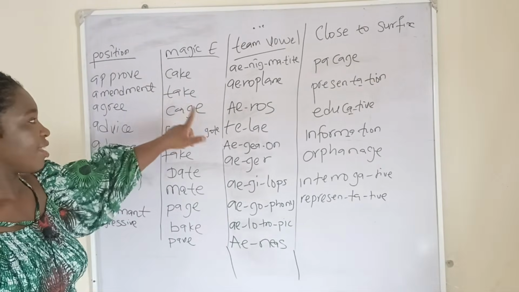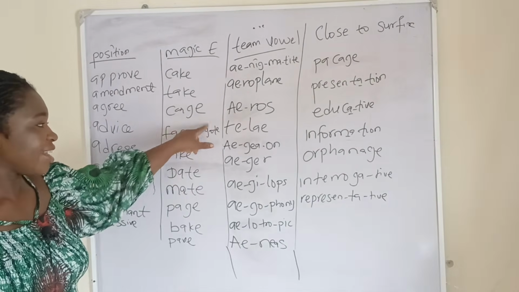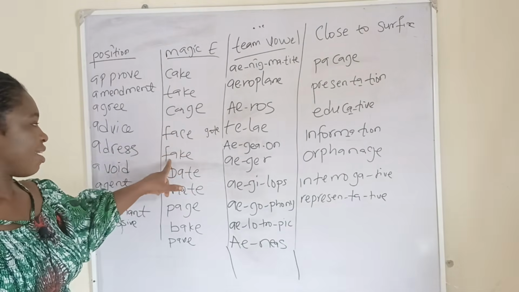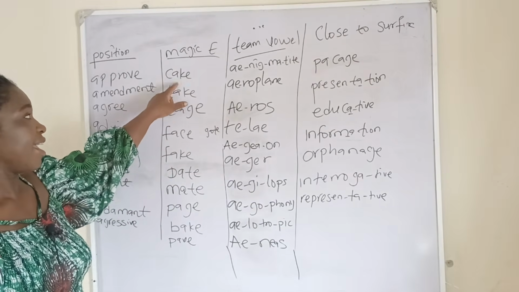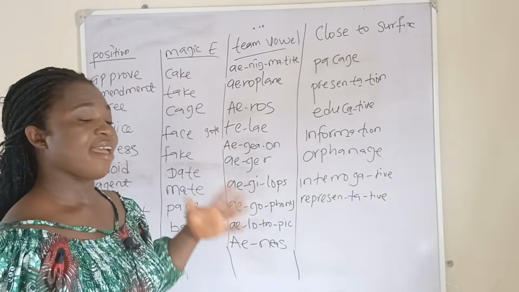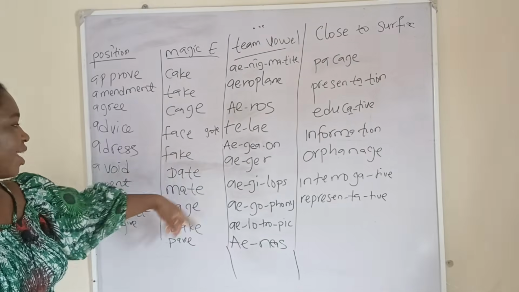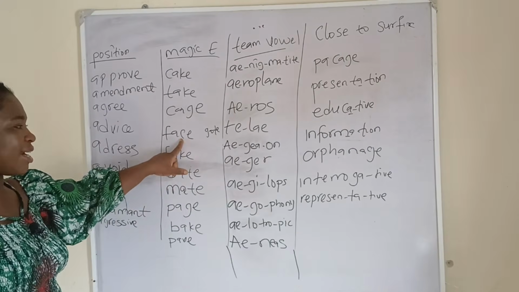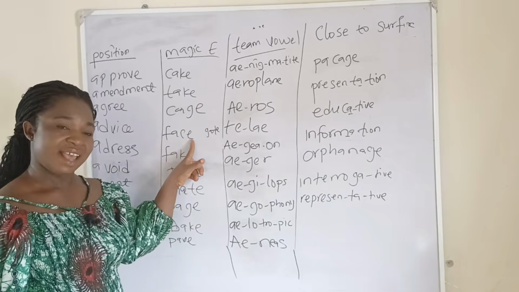Okay, so let's see the list of words. We have cake, take, cage. We have face, fake. They are all sounding A. It doesn't matter what is here, provided it's a consonant sound, and E here.